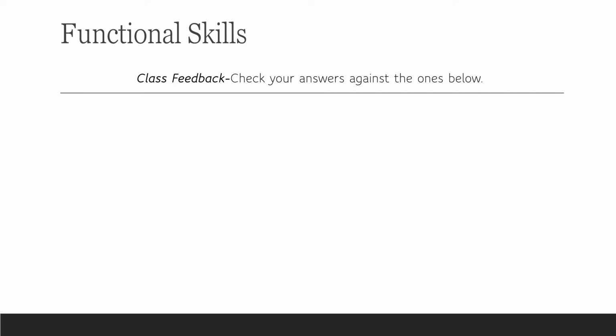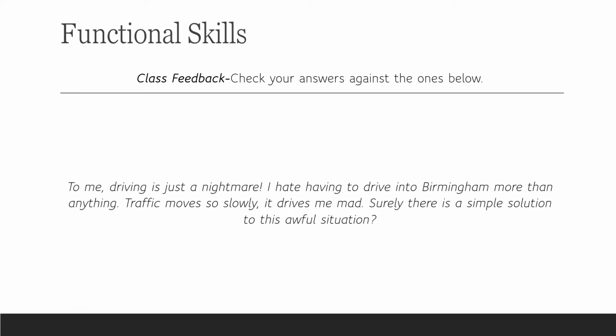Class feedback. Check your answers against the ones below. So here we have the same passage that we looked at a moment ago. To me, driving is just a nightmare. I hate having to drive into Birmingham more than anything. Traffic moves so slowly, it drives me mad. Surely there is a simple solution to this awful situation. So the first thing we'd identify is me.